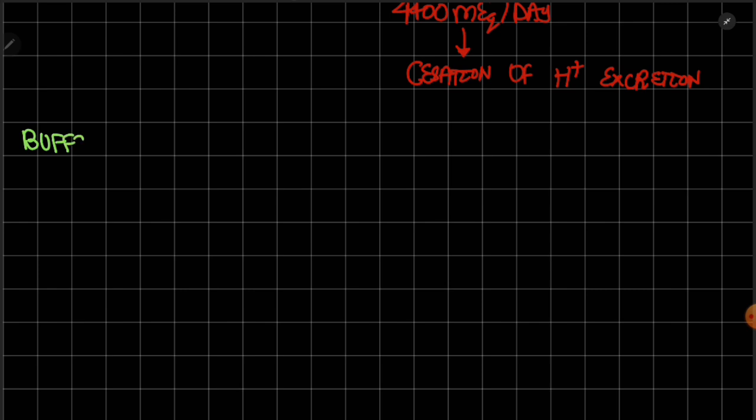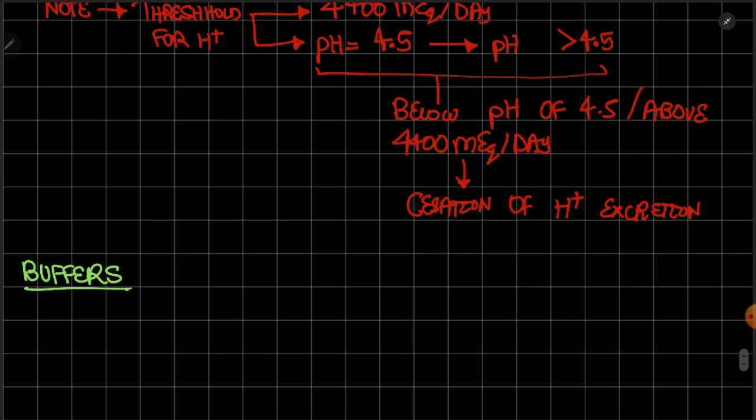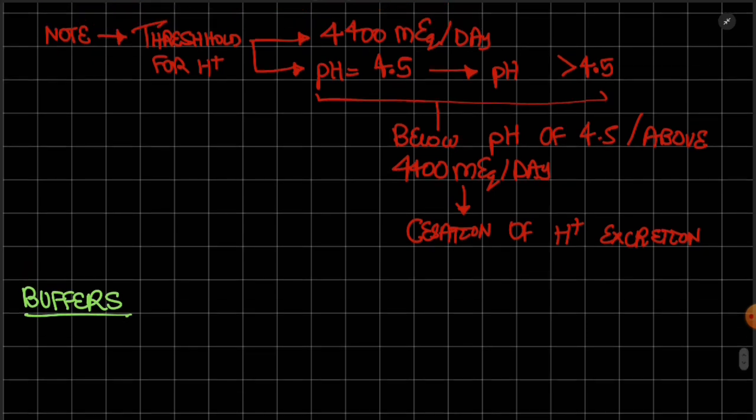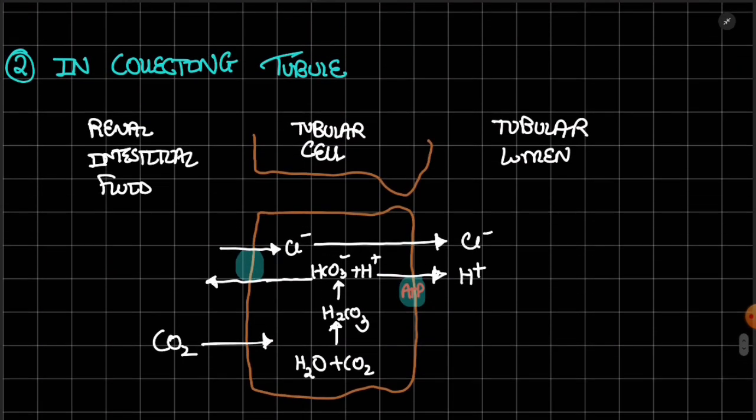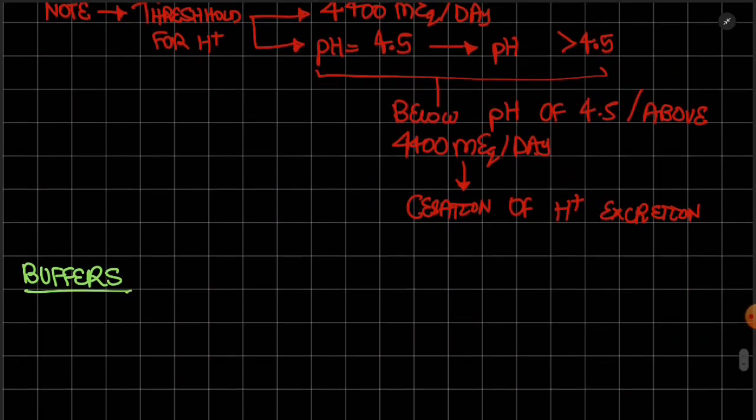What do buffers do? When the H plus concentration gains a higher value than 4400 milliequivalent per day or a lesser value than 4.5 pH, that means it is more acidic, these buffers perform the excretion of H plus. This procedure doesn't stop till the acidosis is covered.